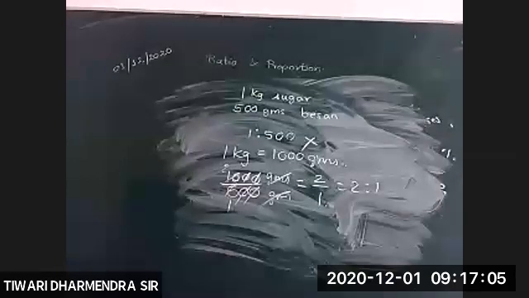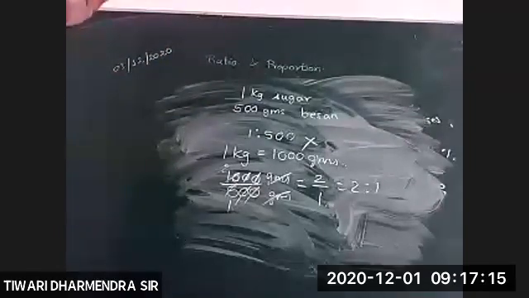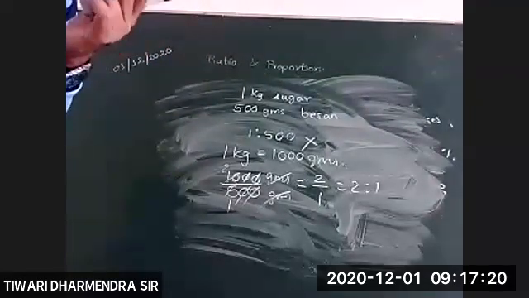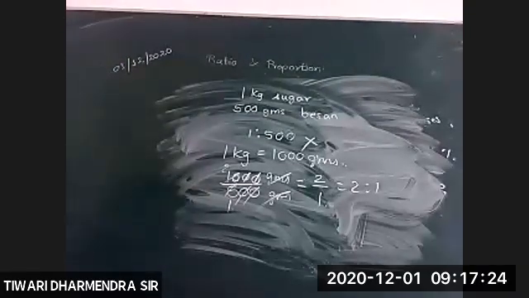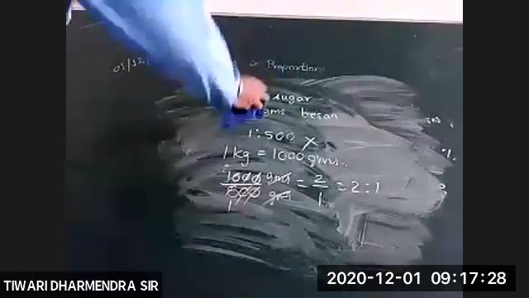Last property is that the ratio of two quantities is unitless. As I've explained right now, whenever we have two entities in ratio form, their units get cancelled and the ratio becomes a unitless quantity. So ratios are always unitless.